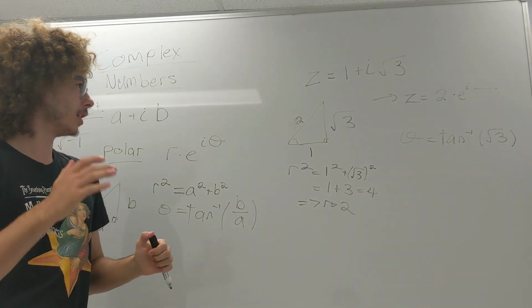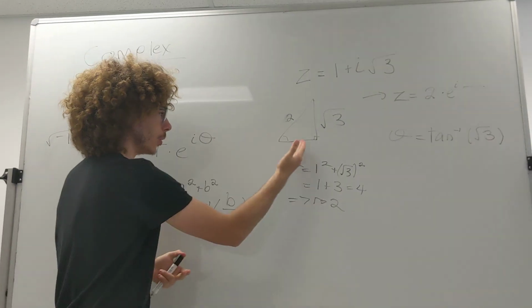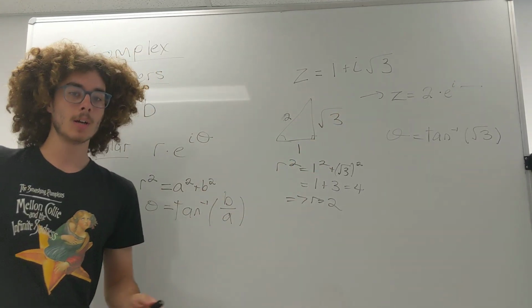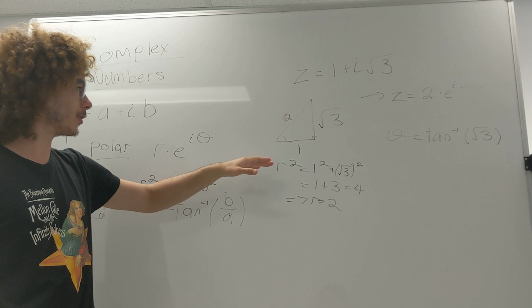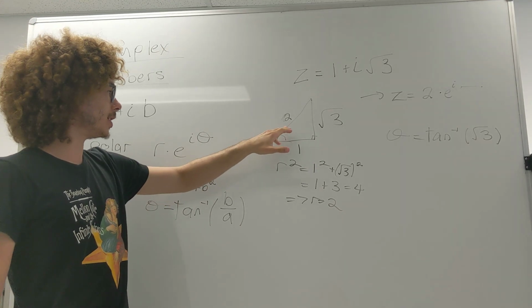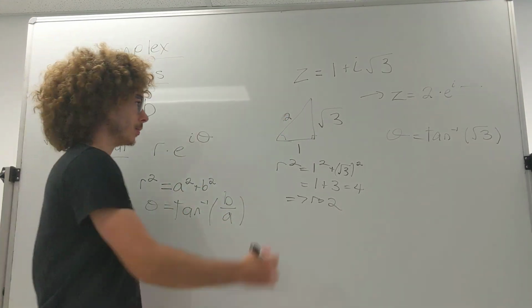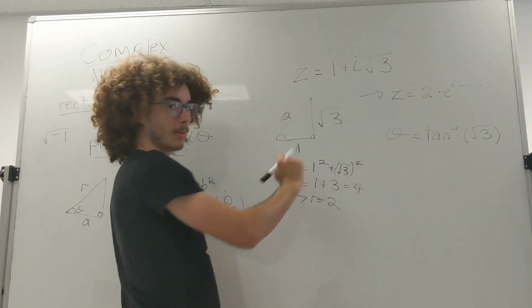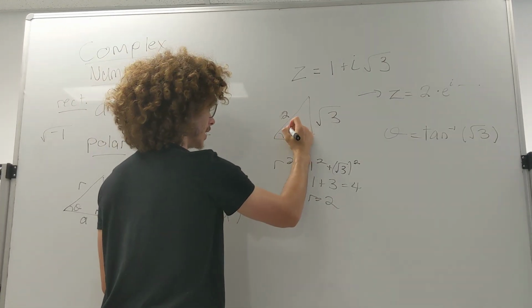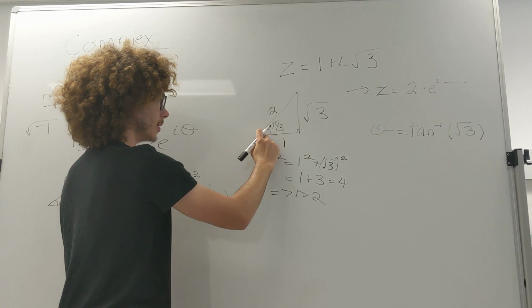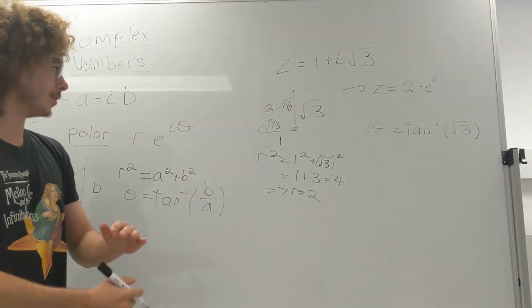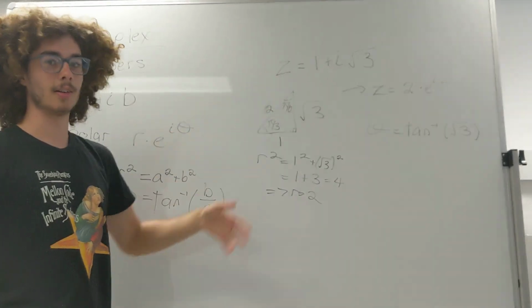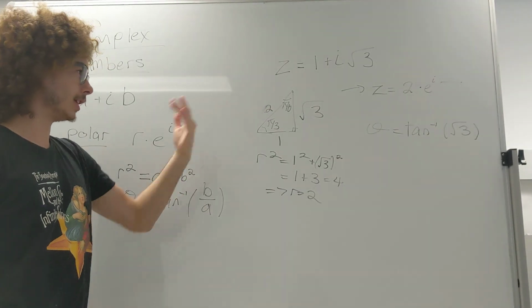If you remember your triangles, such as your 1 to root 3 triangle, from other high school maths you might have done, the angles in here will be pi on 3 for this one, pi on 6 for this one, which come out to 60 degrees and 30 degrees, but radians works just fine.